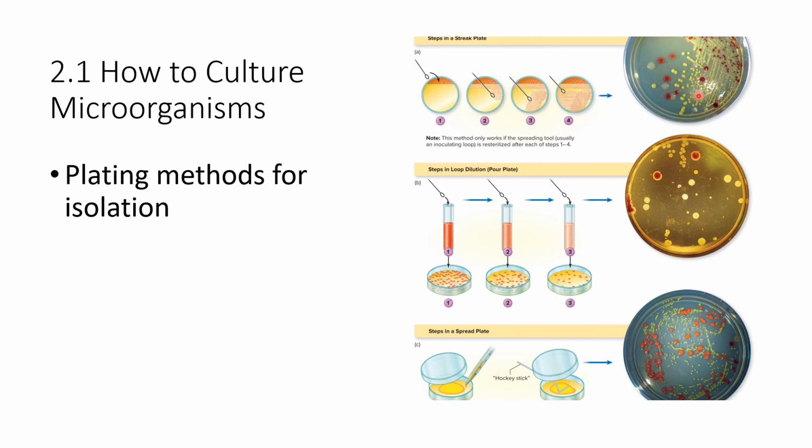Streak plate uses only one plate. It may not always work. Most of the time it does, but you start off with a lot of bacteria, and there's a good chance you can end with individual colonies. This pour method or this spread plate method, which is quite similar to the pour method, is going to utilize quite a few plates, 5, 6, 7, depending upon just how concentrated your bacteria are and how much you want to dilute it.